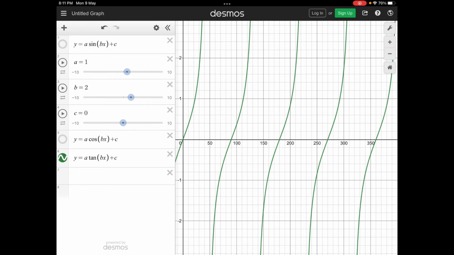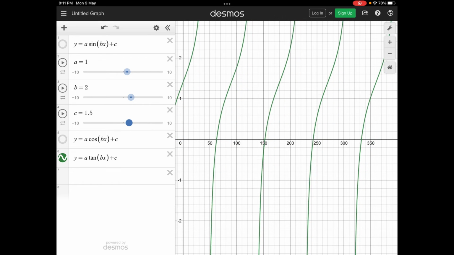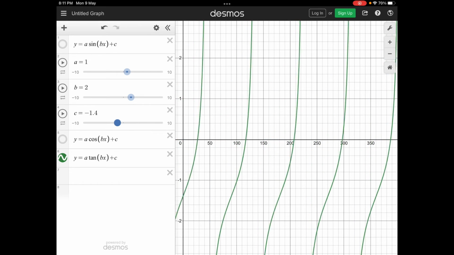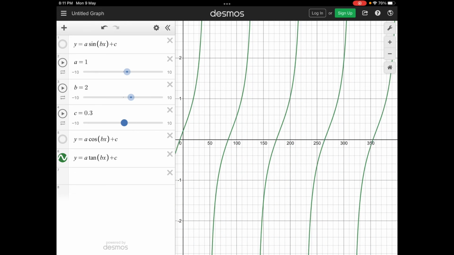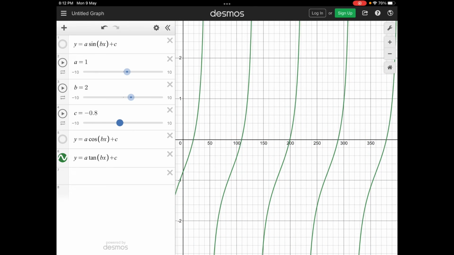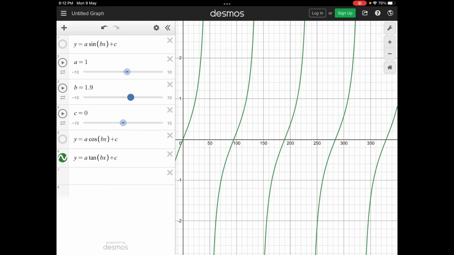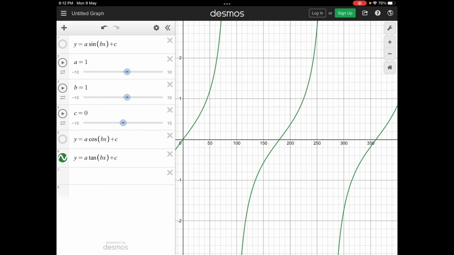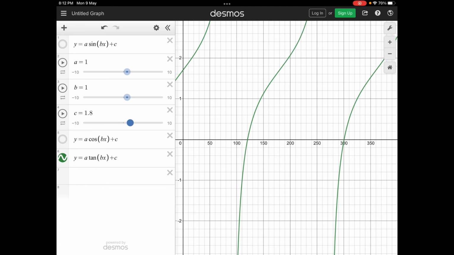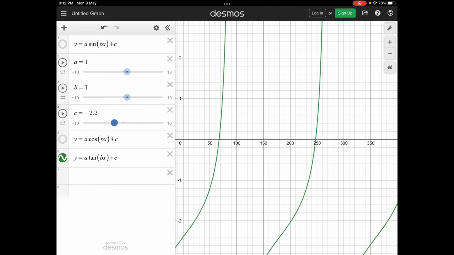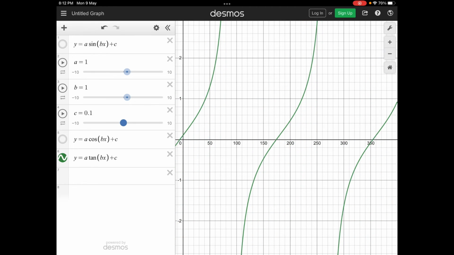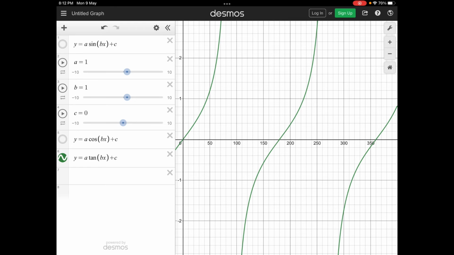And similarly to the other two, if we increase the value for C, it's just going to shift the graph up and down depending on the value for C. All right, and it might be easier if I went back to 0 or 1 here, and we're just shifting up and shifting down, right? And this is just a bit of an optical illusion, but this is actually just shifting up and down.